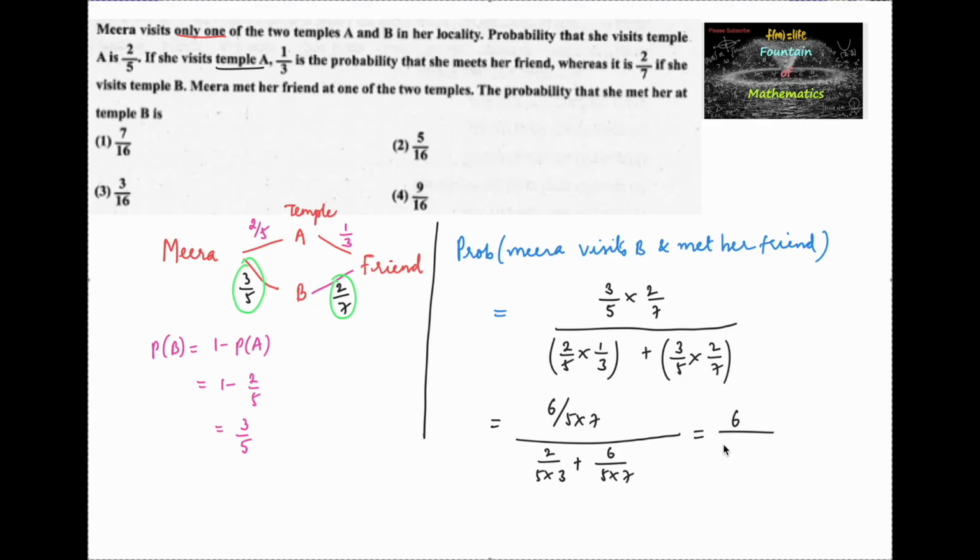So 6 divided by 5 into 7 into, here 5 into 3 into 7 is the LCM, so that will come to the numerator. So here 2 sevens are 14 and here 6 into 3, and 5 into 7 we can cancel here.